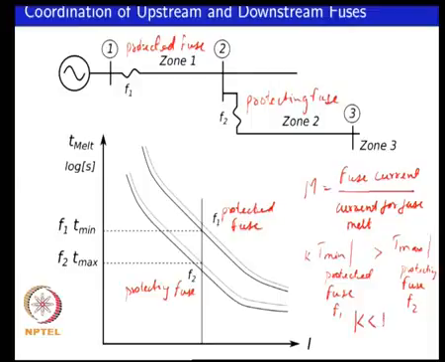So, for fault current ranges in zone 2, you want a condition like this to be satisfied. So, you could take k as say 70% or 75%.